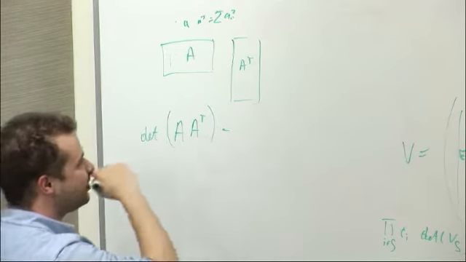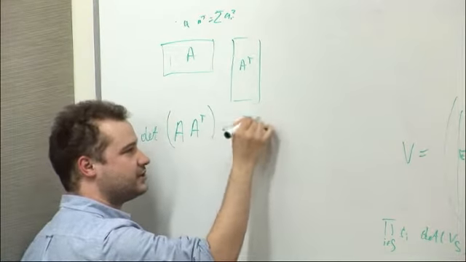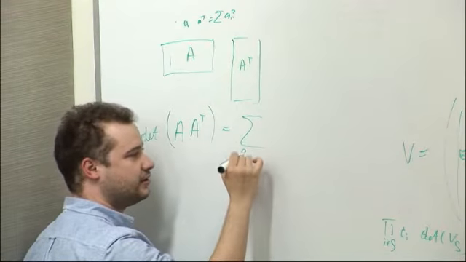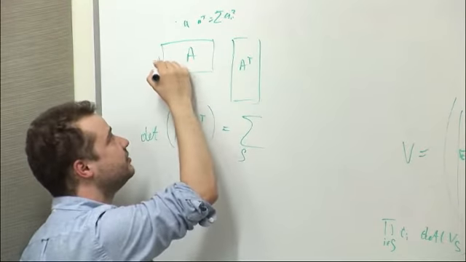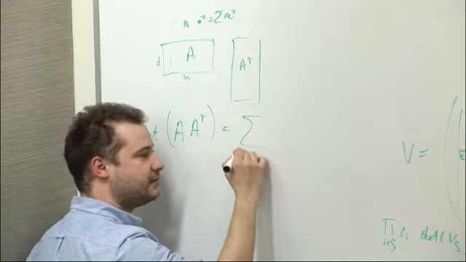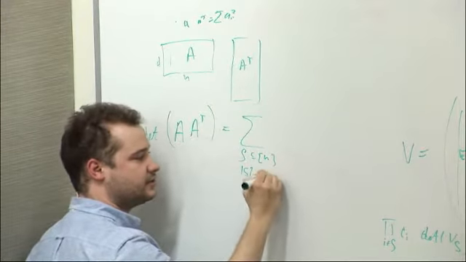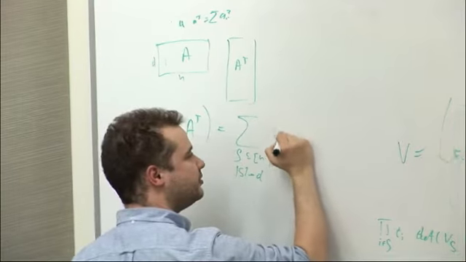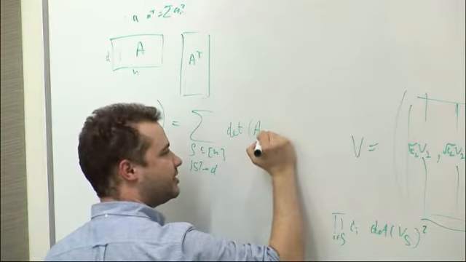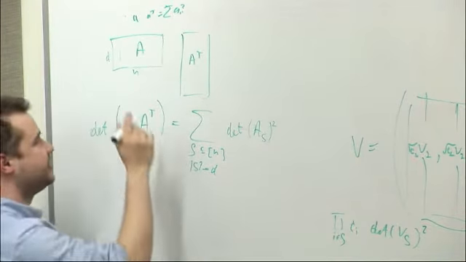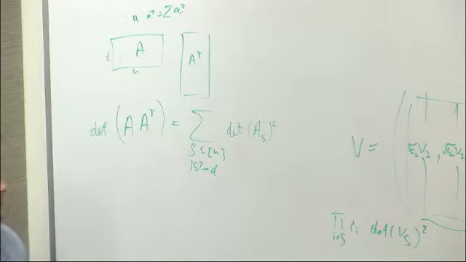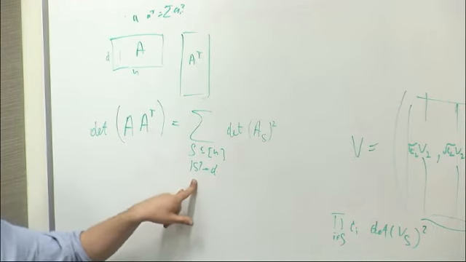In general, say this is again D by N, this is equal to the sum over S a subset of N, size of S equals D, of the determinant of A sub S squared. A sub S is just the submatrix determined by this set.